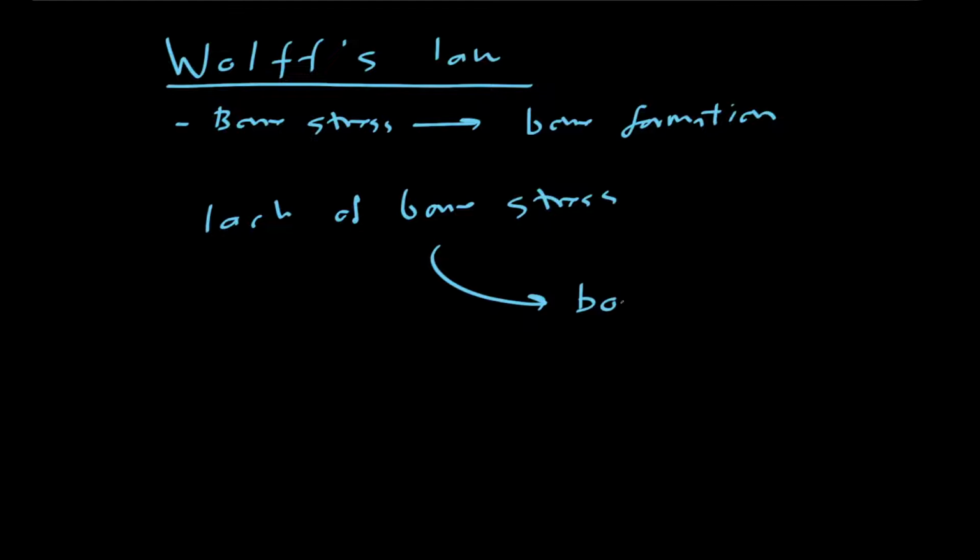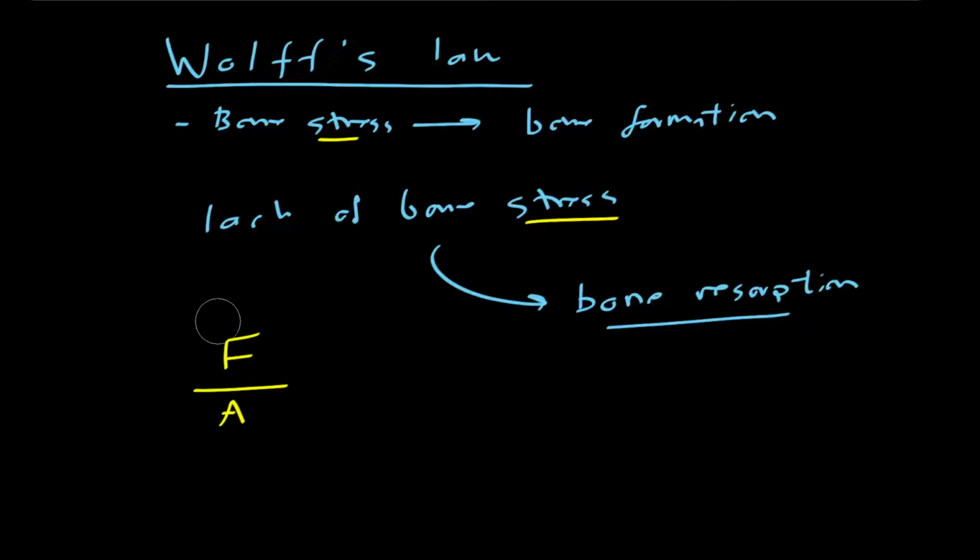That's what osteoclasts do. They resorb. Bone resorption. And there are many instances where you can see this. By the way, when I say stress, I mean literally what we talked about last week, force divided by cross-sectional area.